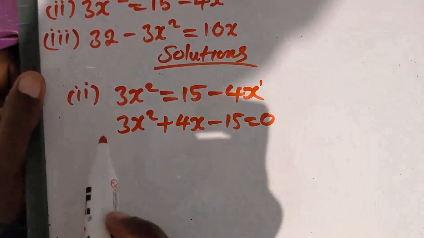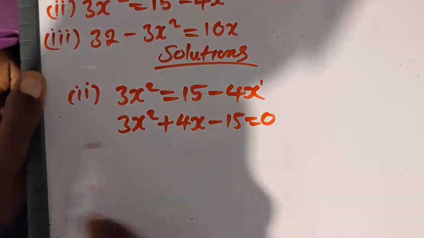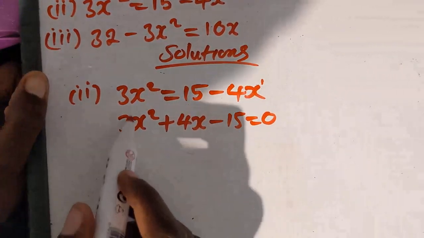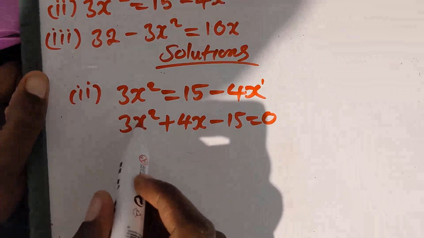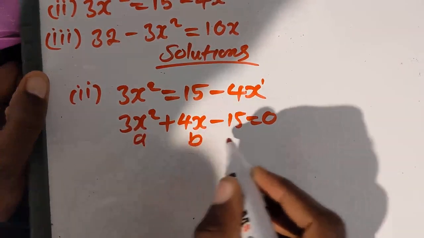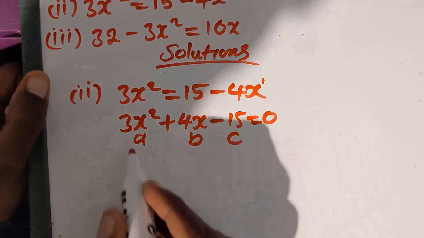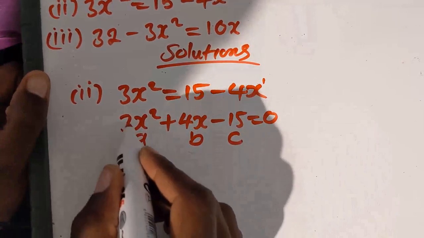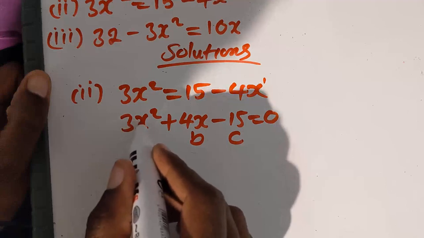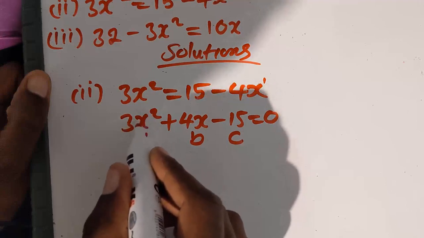I said that the coefficient is a number attached to the letter. So this is our A here, this is our B, this is our C. The number that is attached to x squared is 3 here.